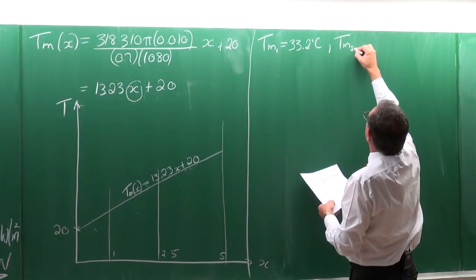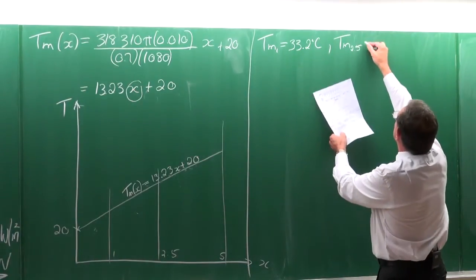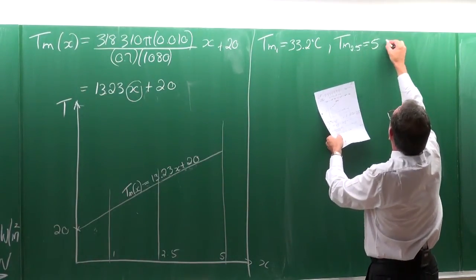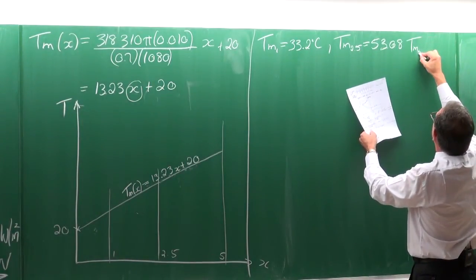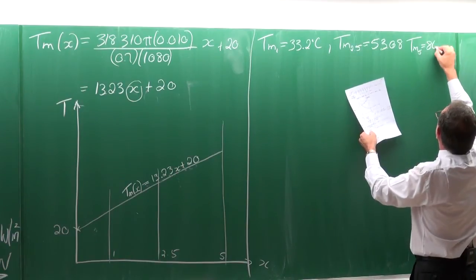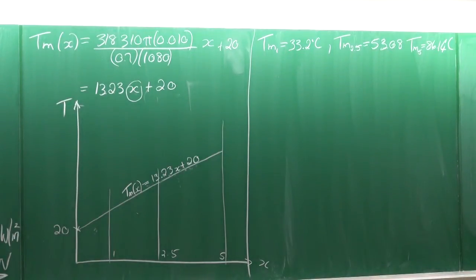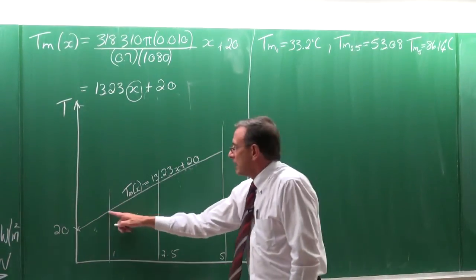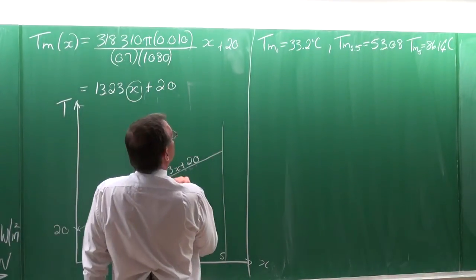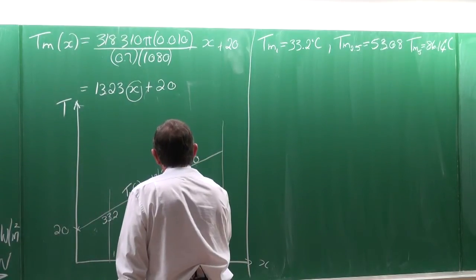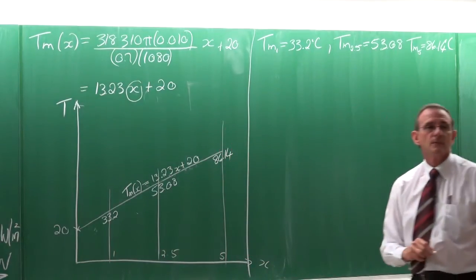At 2.5 meters, I just put 2.5 in there, do the calculation, and that would be equal to 53.08 degrees Celsius, and the last one at 5 meters would be equal to 86.14 degrees Celsius. So that is the fluid temperature as it increases: 33.2, 53.08, and 86.14.